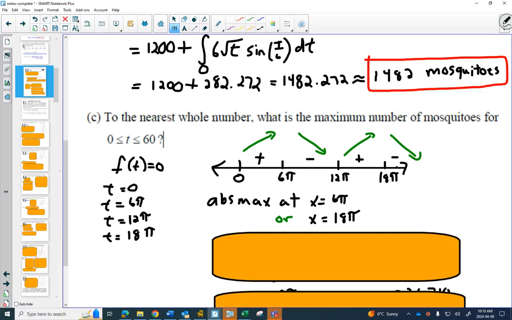Technically, we have an endpoint here at 60. At the conference I went to, one of the things they talked about on the exam, since the extreme value theorem happens at endpoints or critical points, was a little explanation.